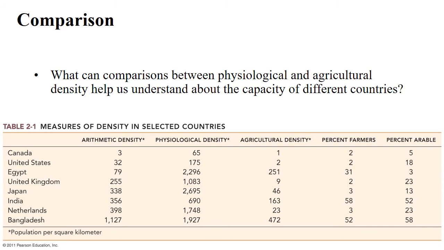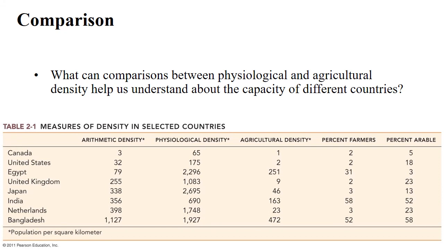And so to conclude, when you are able to compare some of these various densities across different countries, you can start to draw certain conclusions about them based on those numbers alone, all right? For example, if you look at the bottom of this chart here and look at the countries of the Netherlands and Bangladesh, you will see that they have relatively similar physiological densities, all right?